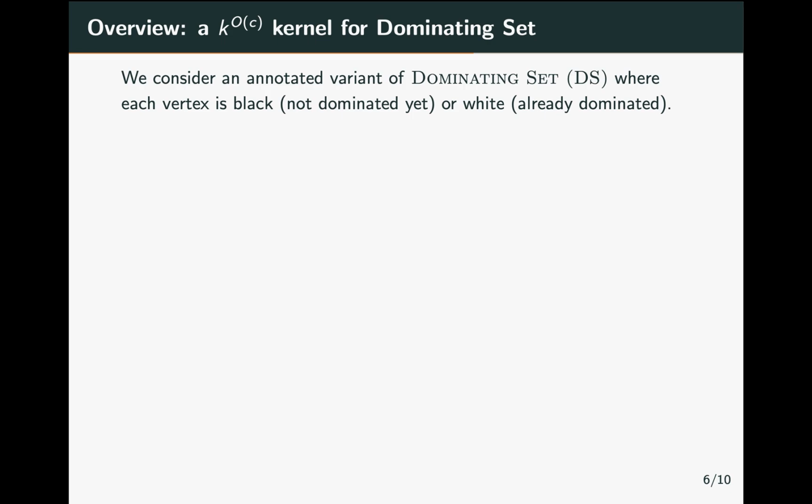Black means that the vertex is not dominated yet, and white means that the vertex is already dominated. So we start with the instance where every vertex is black, and we color some vertices white as soon as we know that it can be dominated.